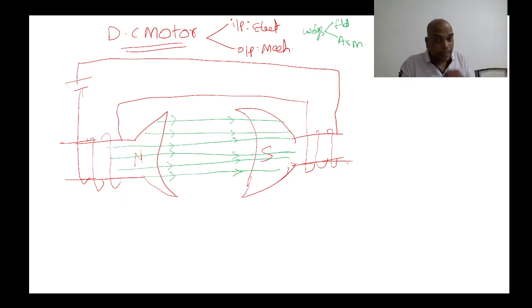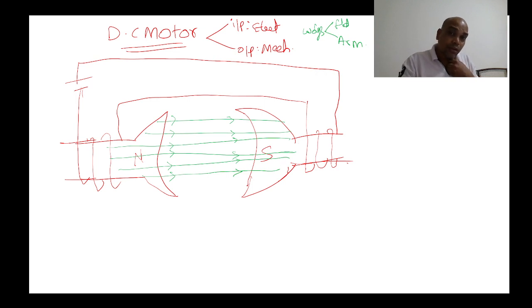So here, see, for the DC motor I will use Fleming's left hand rule to find the direction of the mechanical output, that means force. Here also the forefinger represents the direction of magnetic field. Understand?